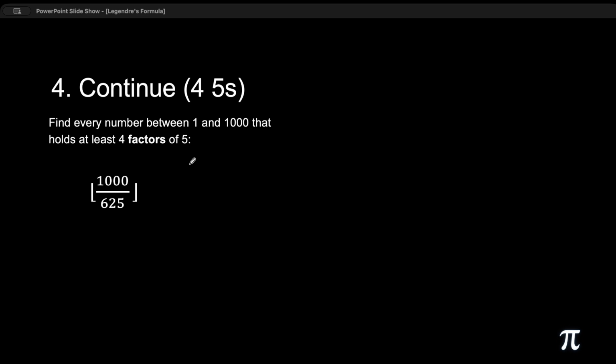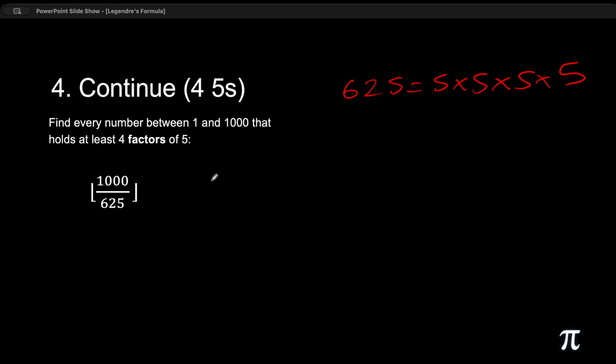Now we continue with the floor function of 1000 divided by 625, because 625 has 4 factors of 5 in its prime factorization. By now, a pattern should be evident to you.